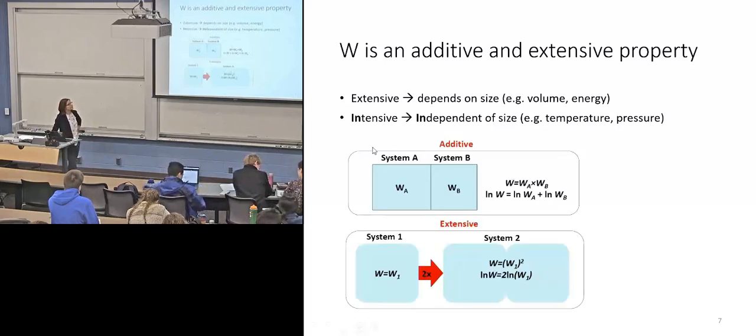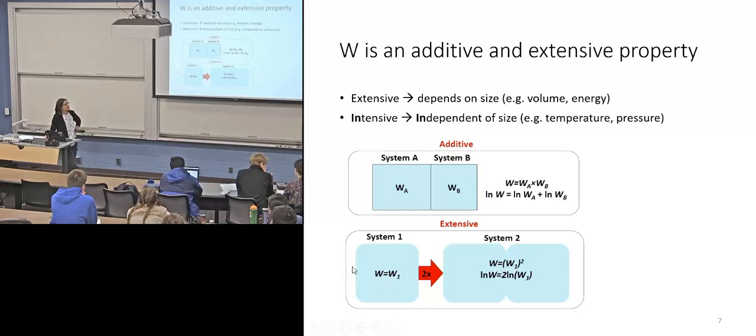So for multiplicity, I have system A and I have system B. And when they come together, the combined multiplicity will be the multiplicity of A times the multiplicity of B. If I take the natural log of both sides, going the other way with our properties of logs, you can split it back apart into the natural log of the multiplicity of A plus the natural log of the multiplicity of B. And then for extensive, in this case I've doubled the size of my system, but it would almost be like adding multiplicity 1 to multiplicity 1 again, right?